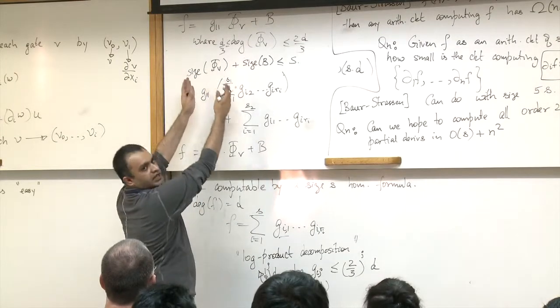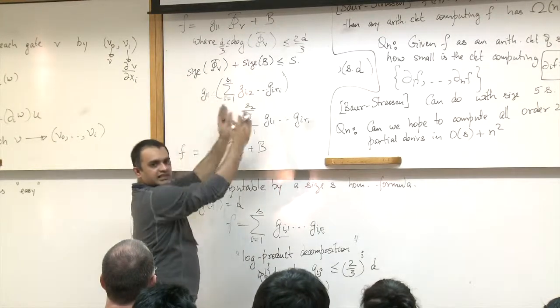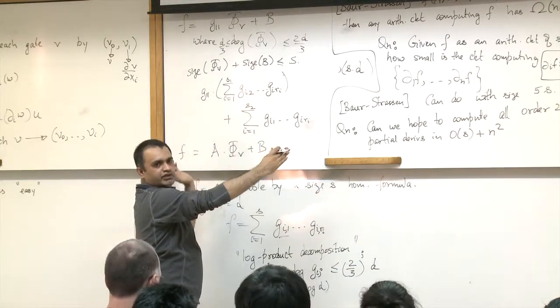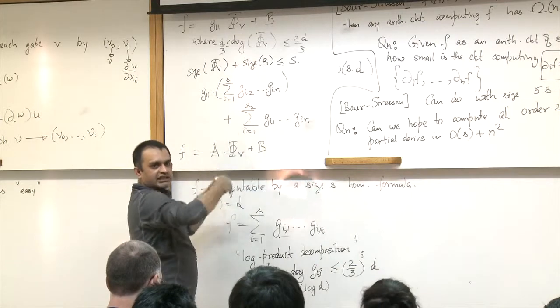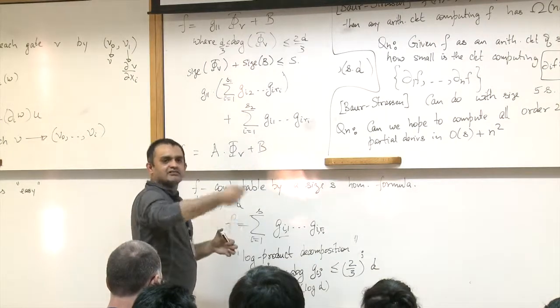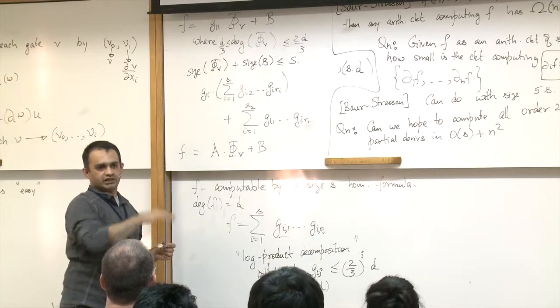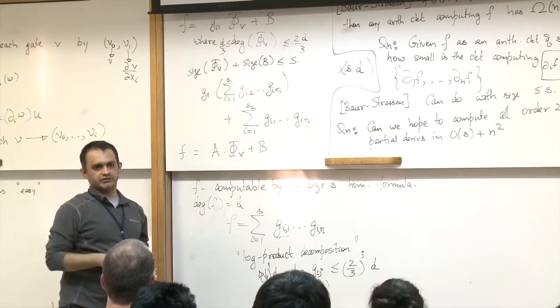That was the claim here. Now I do induction on the remaining guys. Whatever that degree is, it's upper bounded by 2d by 3 of what I started off with, and lower bounded by d by 3. So in the induction hypothesis, I might be adding additional factors of 2d by 3 and d by 3. But that's about it. So the degrees are geometrically going down.